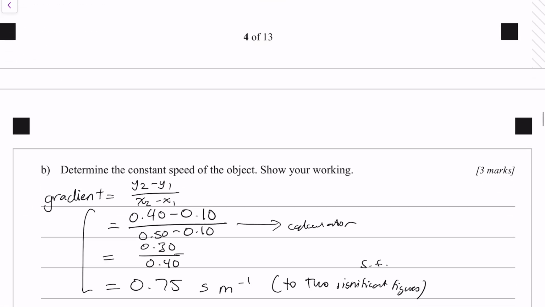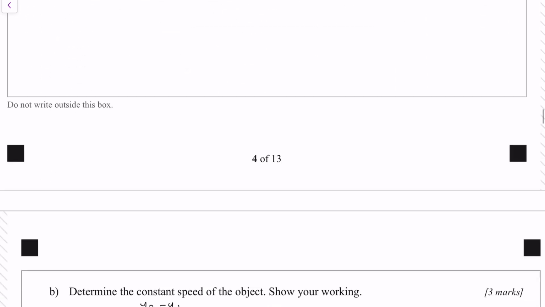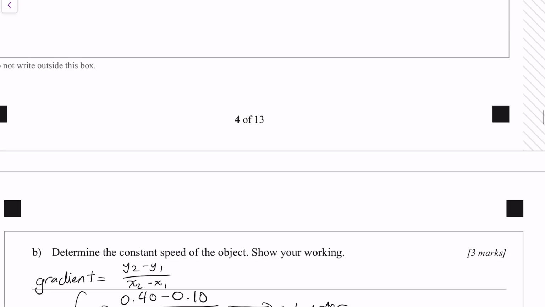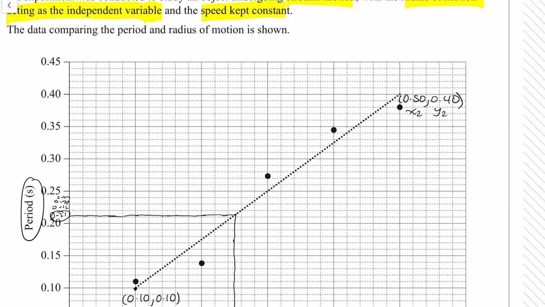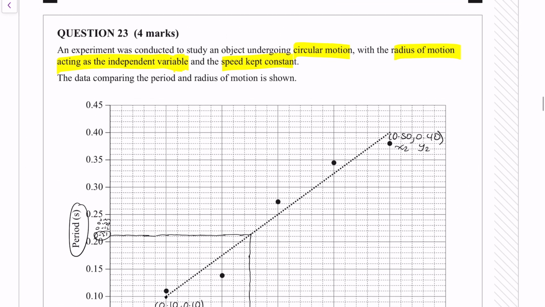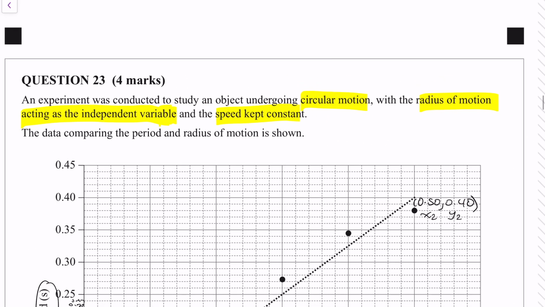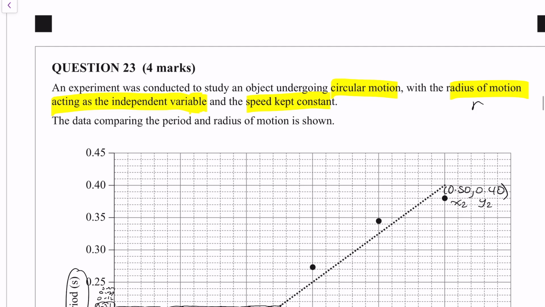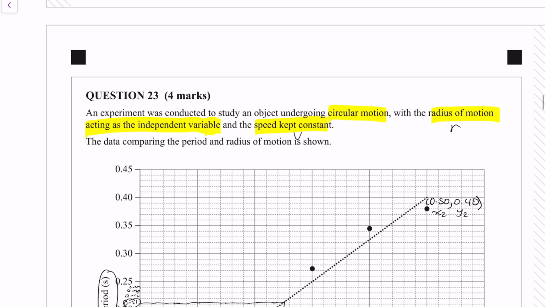What really matters here in terms of the maths is the formula and the variables. Our facts are that we know this is circular motion, and the radius of motion, so that's going to be my lowercase r, and the speed, but in circular motion we call that lowercase v.